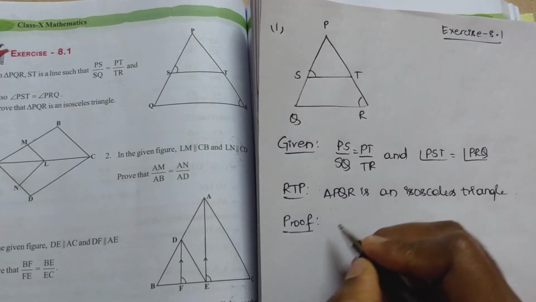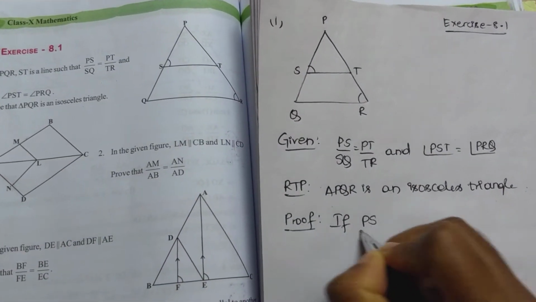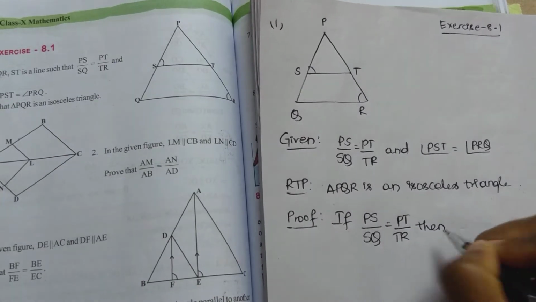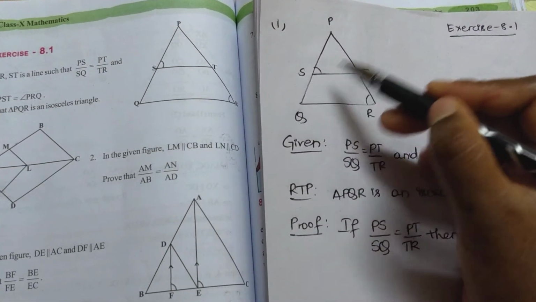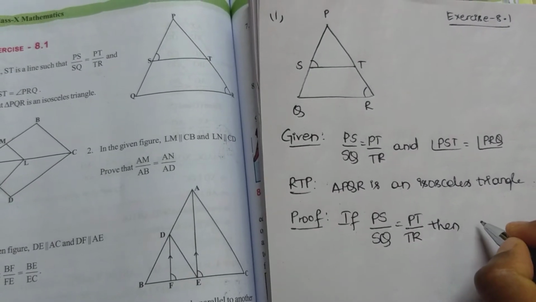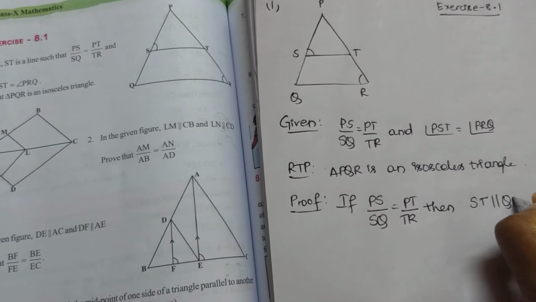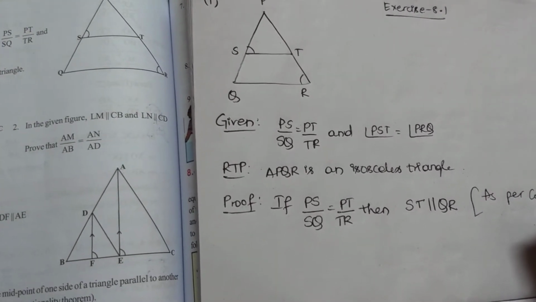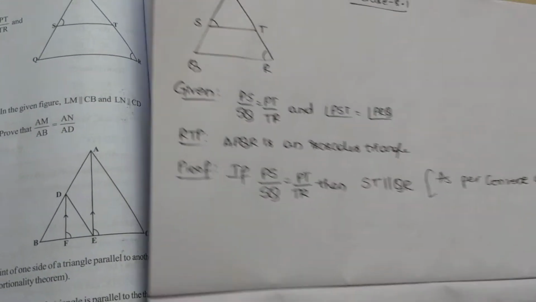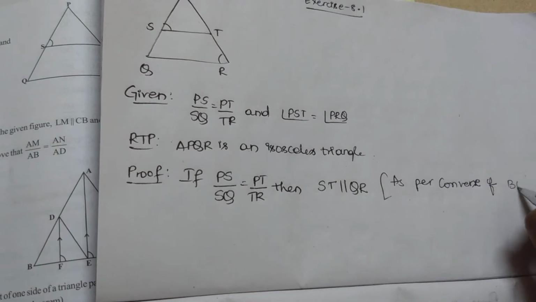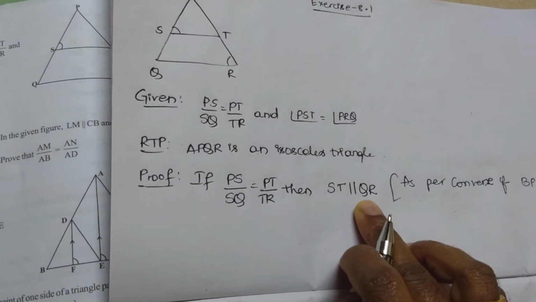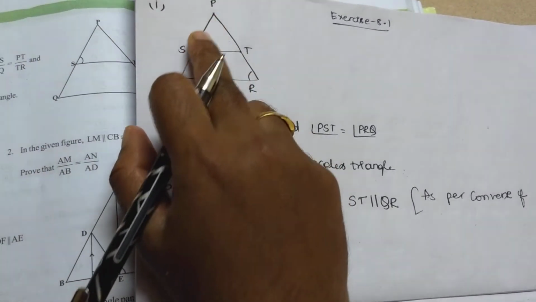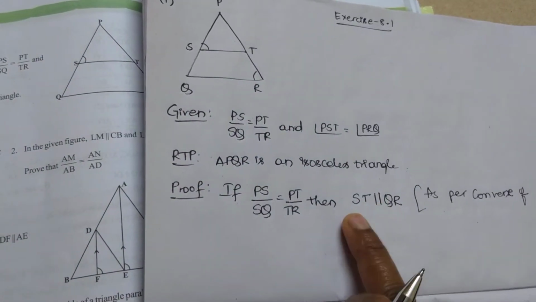So here, if PS by SQ equals PT by TR, then ST is parallel to QR.